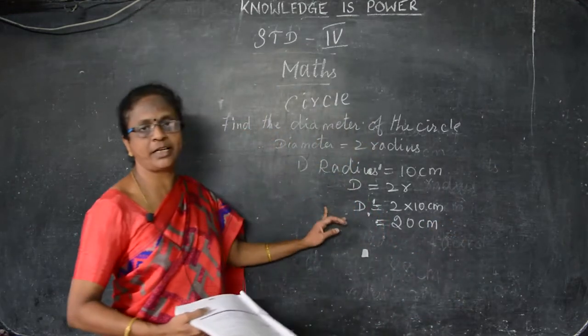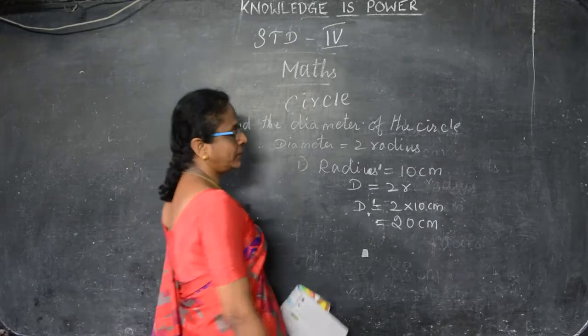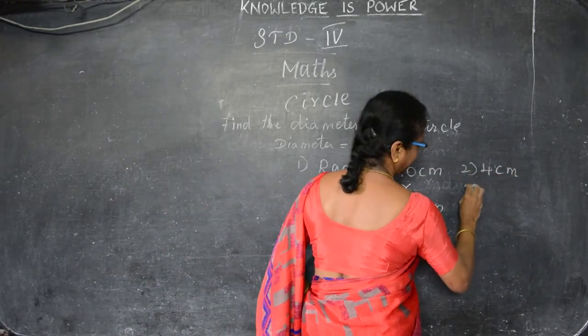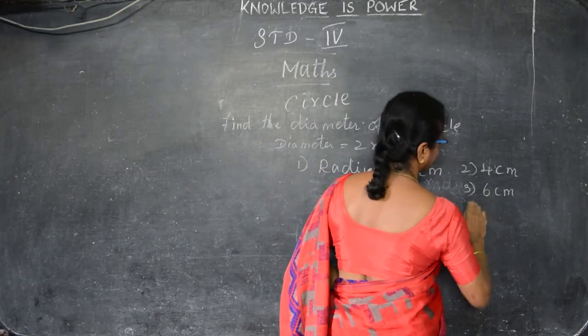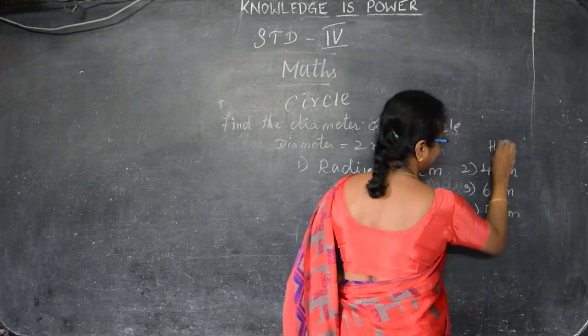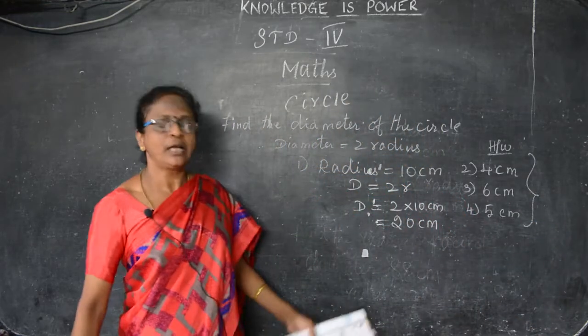You have to multiply. Okay, children. Now shall I give the numbers? Will you practice? 4 centimeter, 6 centimeter, 5 centimeter. Do these sums and practice and tell the answer tomorrow. I'll ask you.